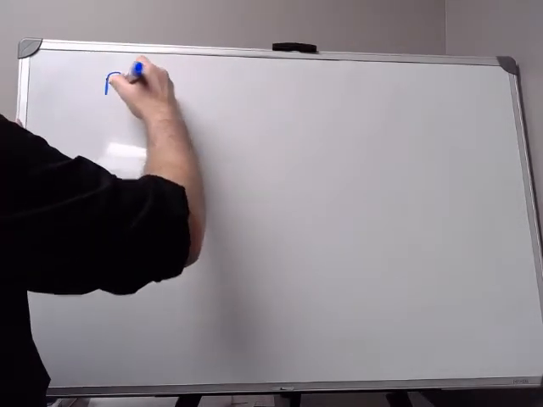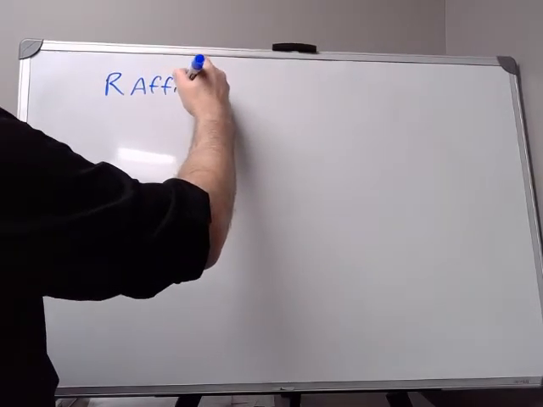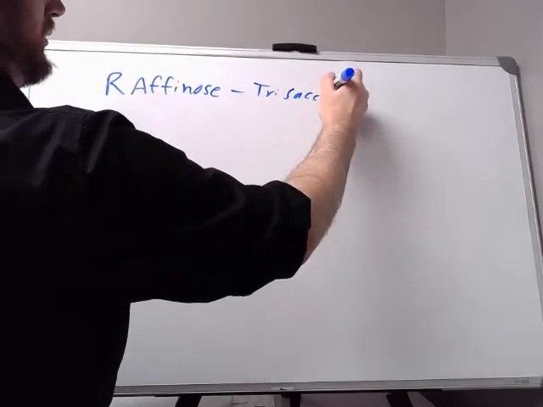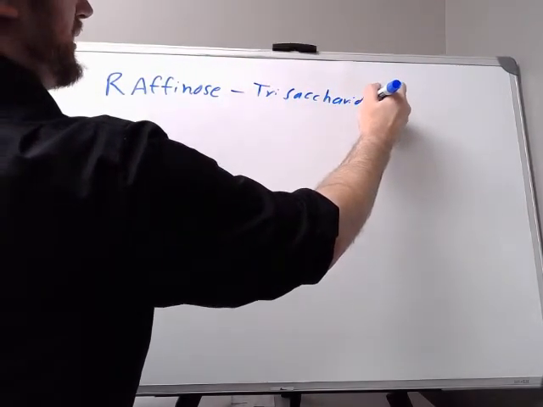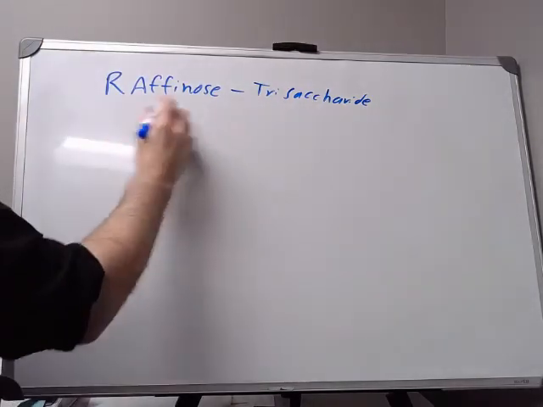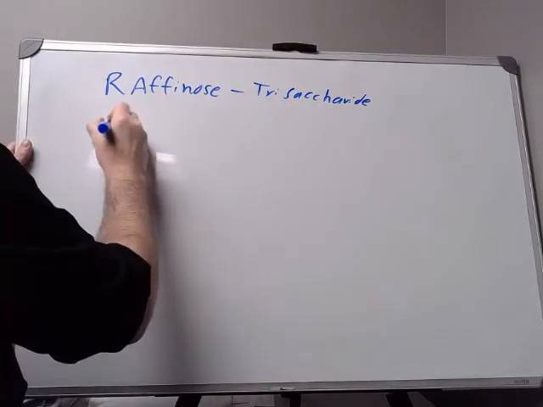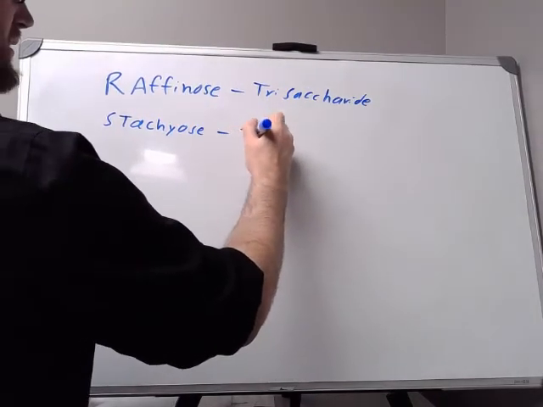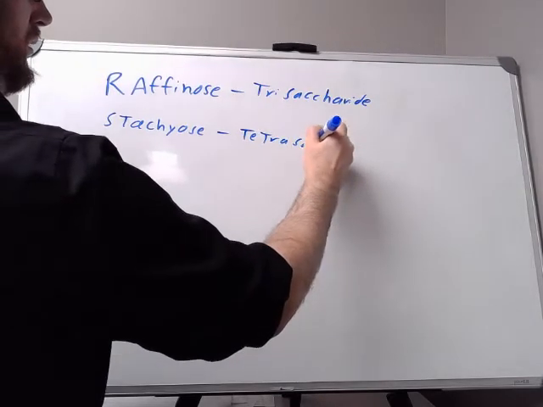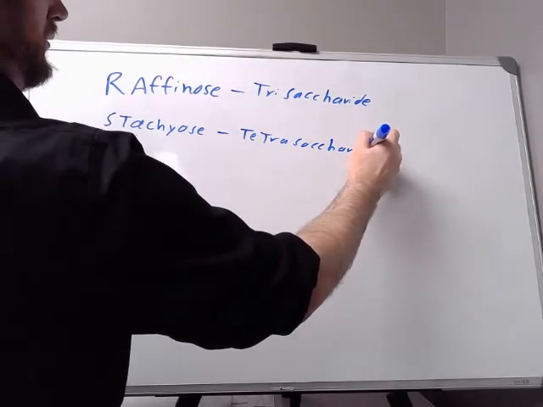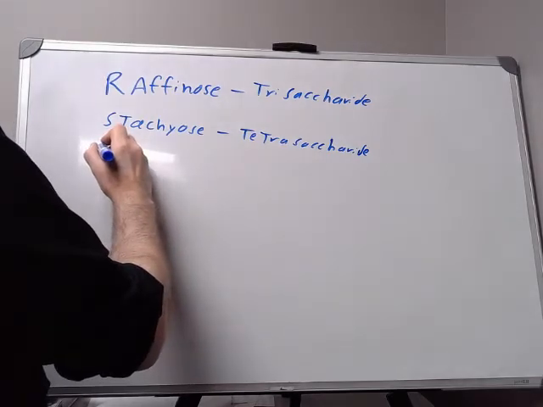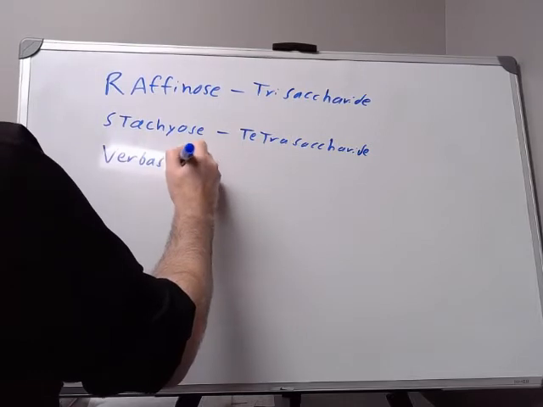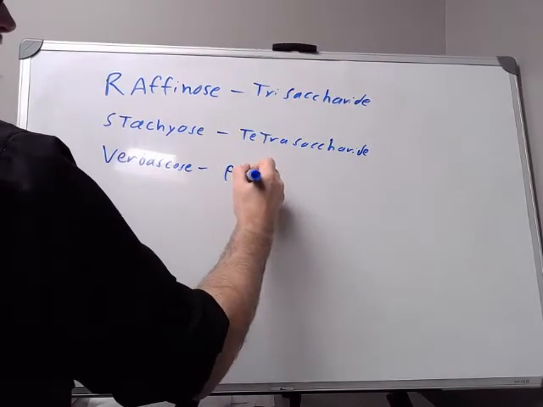But peas and beans contain some of these higher order oligosaccharides. So we have raffinose, which is a trisaccharide, stachyose, which is a tetrasaccharide, and verbascose, which is a pentasaccharide.